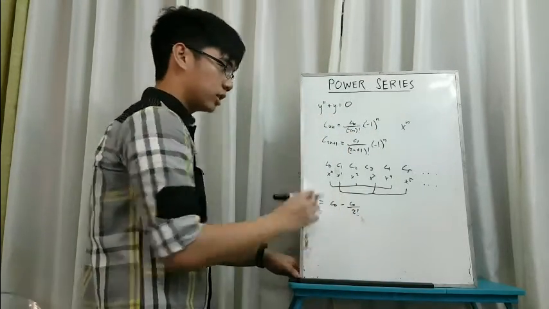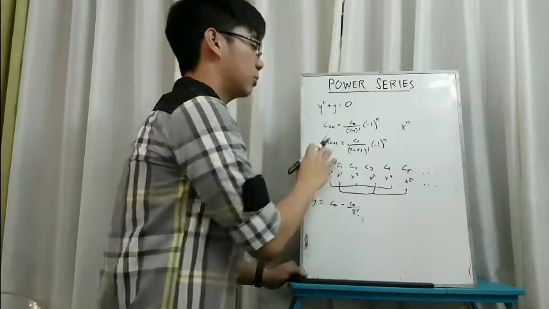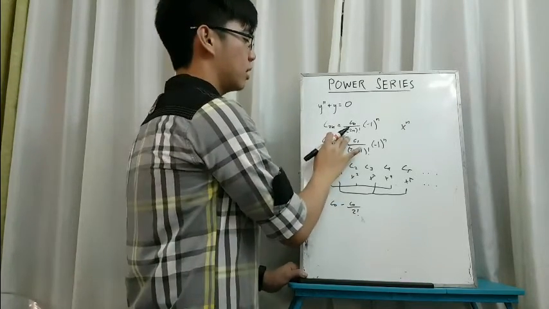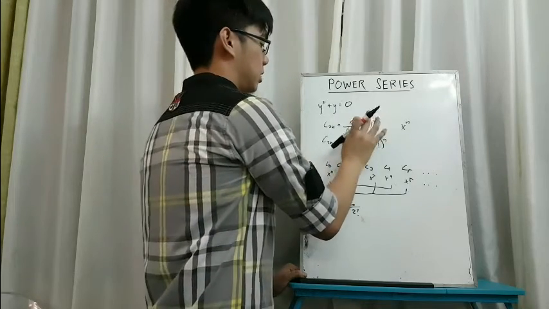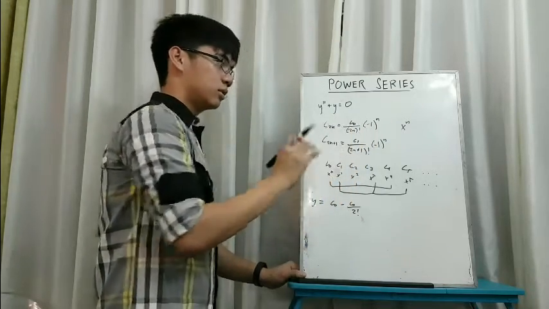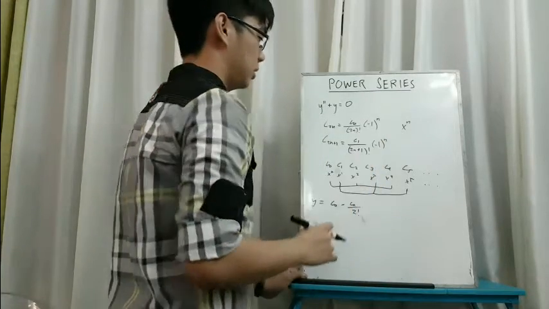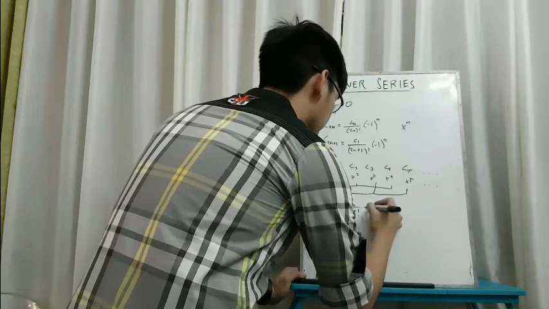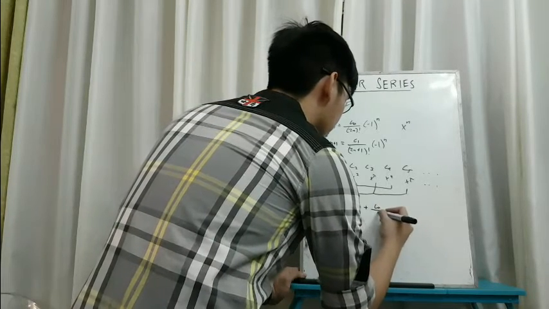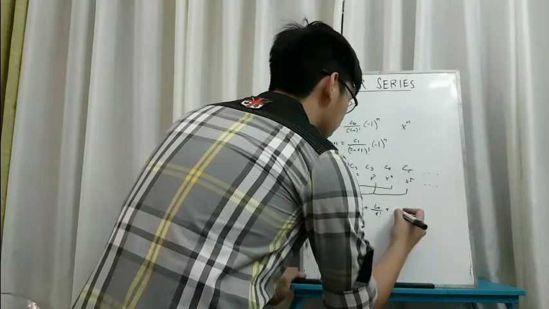Okay, next is plugging 2 here, so that would be C4, and then C0 over 4 factorial times negative 1 squared, so that would be 1. Okay, so plus C0 over 4 factorial.